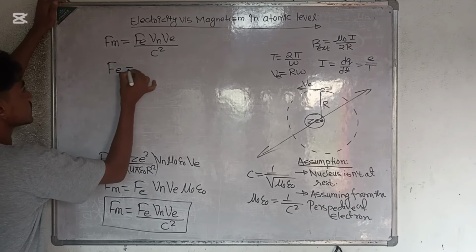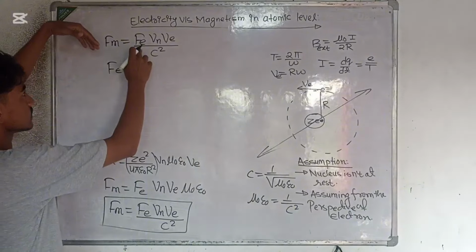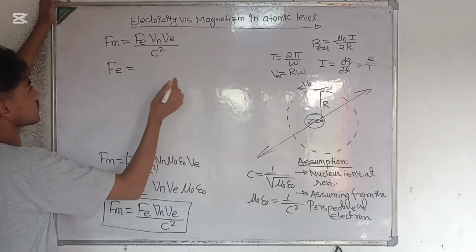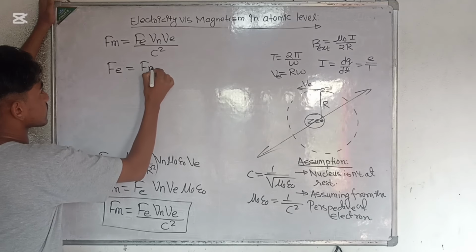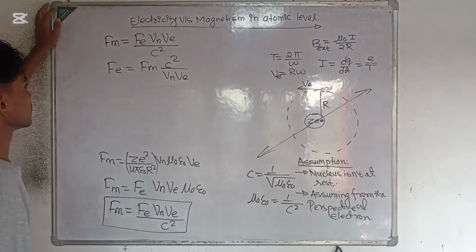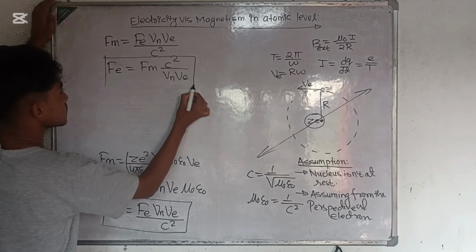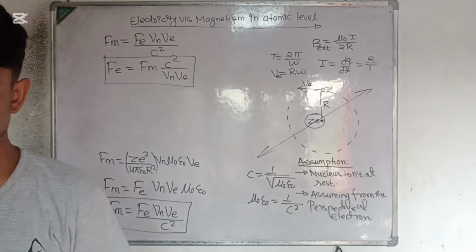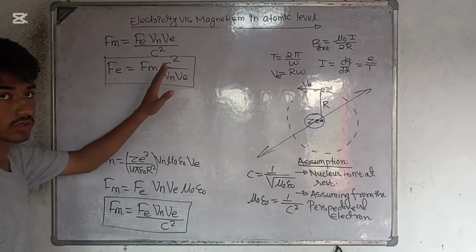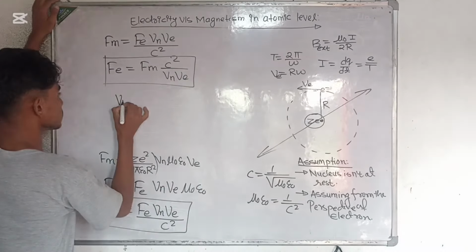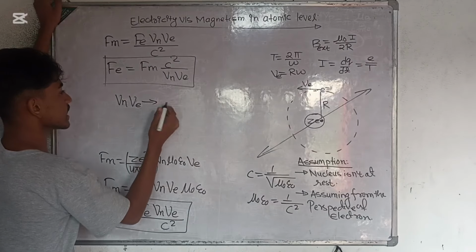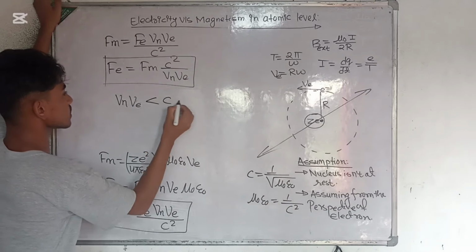Breaking up the Fe term, we get Fm c squared over Vn Ve, and you are looking at this beautiful result. So what this result is telling us is that velocity of nucleus and velocity of electron are very small as compared to c.